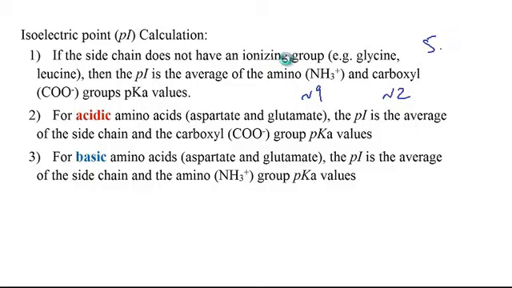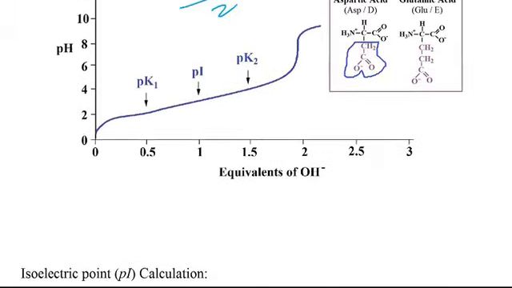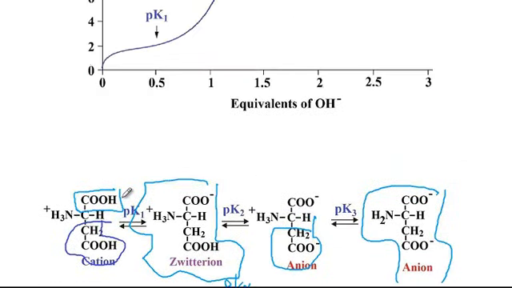On the other hand, if you're talking about an acidic amino acid, like for instance aspartate or glutamate, then the pI is the average of the side group and the carboxylic acid. So here we have the carboxyl group and the side group.